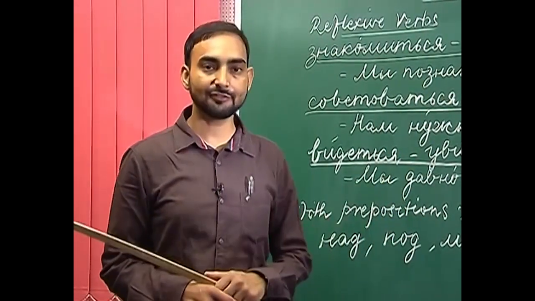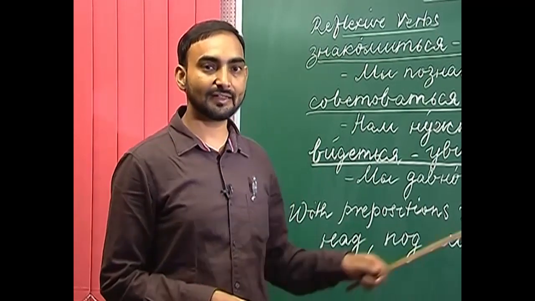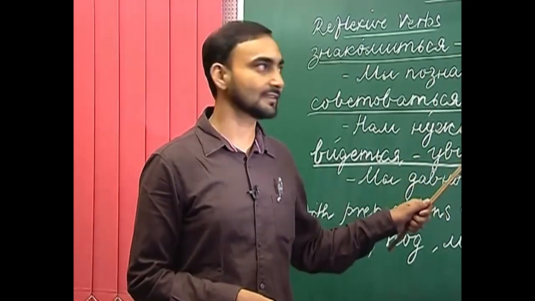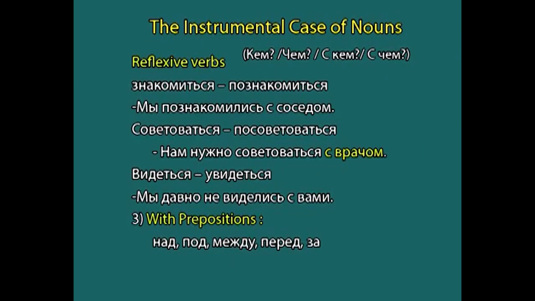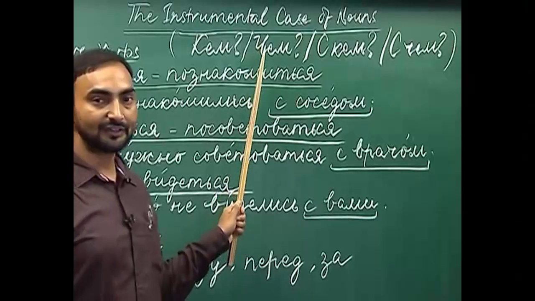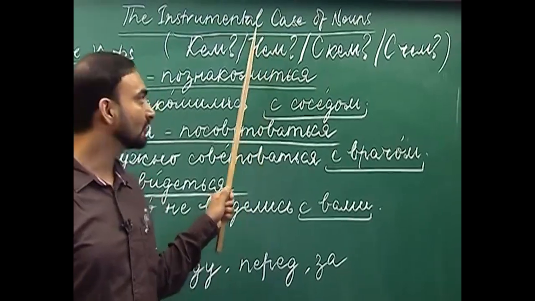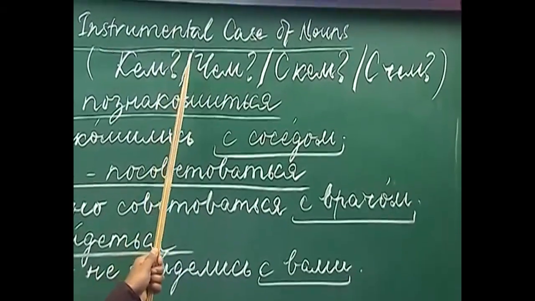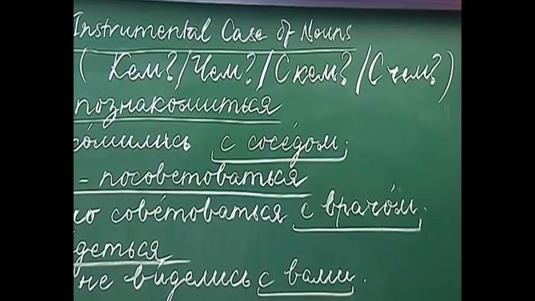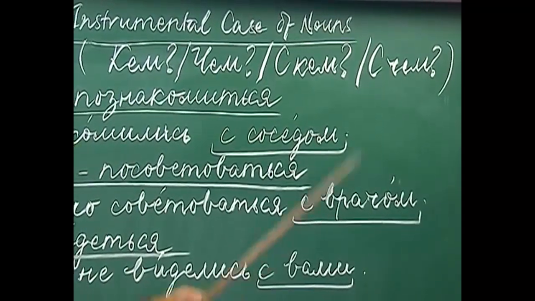And the interrogative words that the instrumental case of nouns answer are кем without preposition, чем which is for inanimate nouns. So, when the question is чем, then we are required to use inanimate nouns.